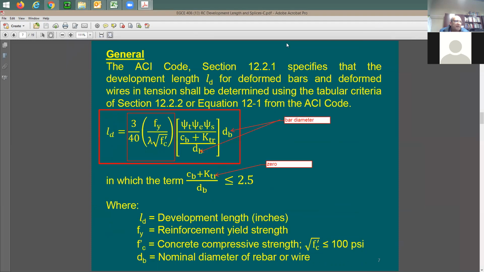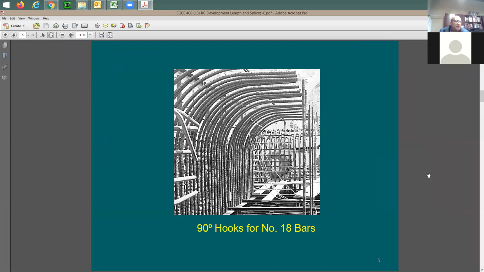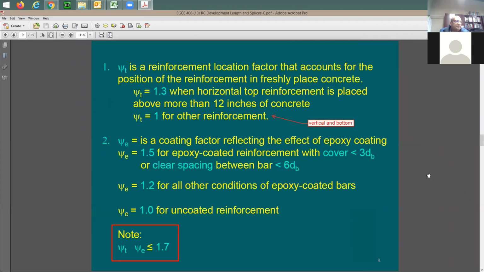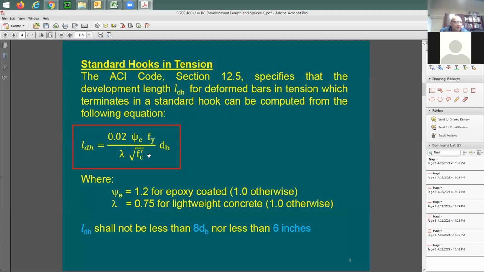Let me put this back here so that you remember what we're talking about. Here's for the epoxy: 1.5, 1.2, and 1.0. For the hook, it's only two values, 1.2 and 1. Lambda is the same thing for lightweight concrete. The lightweight concrete factor is equal to 0.75.